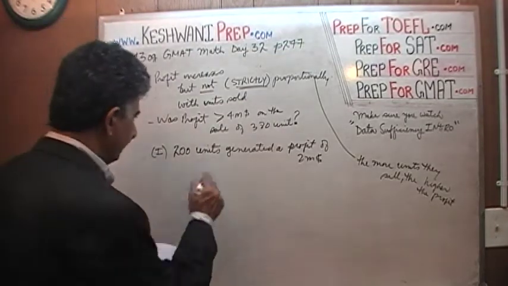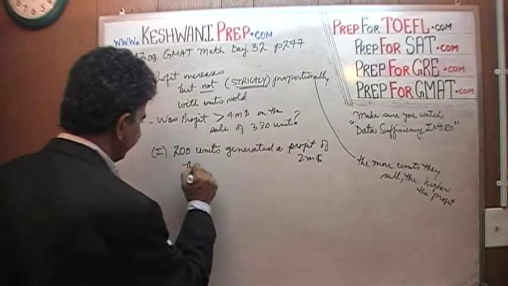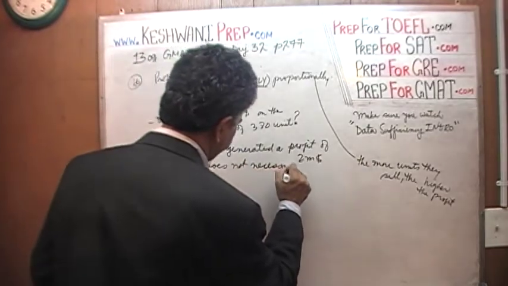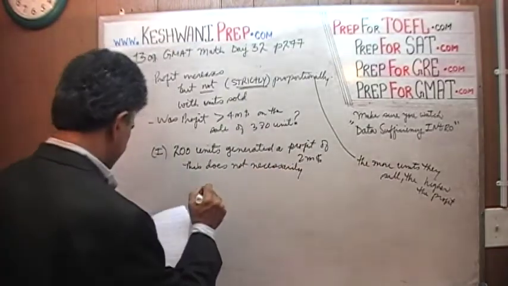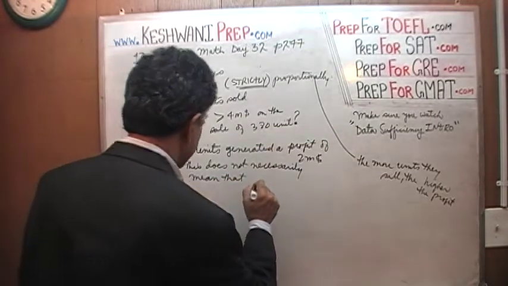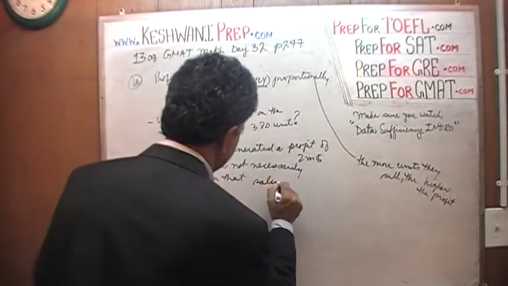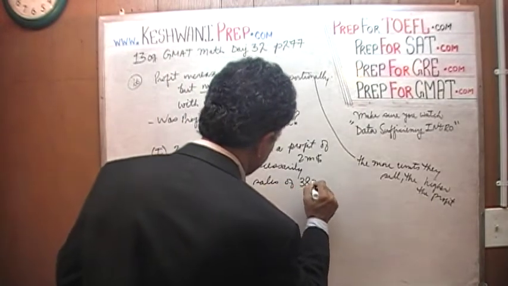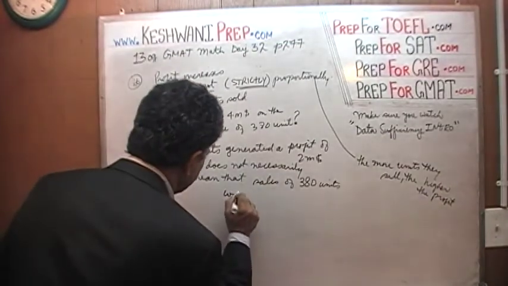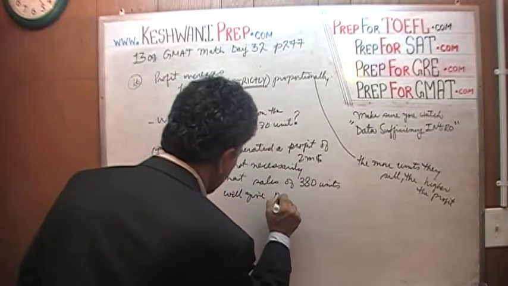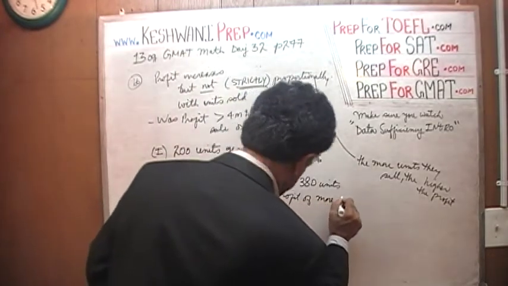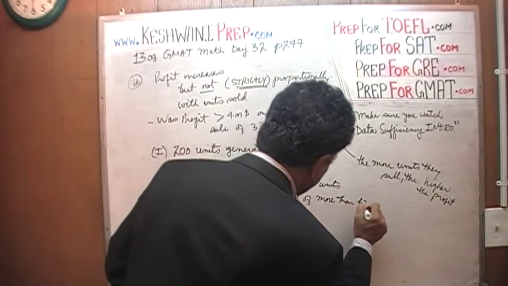This does not necessarily mean that sales of 380 units will give a profit of more than $4 million.